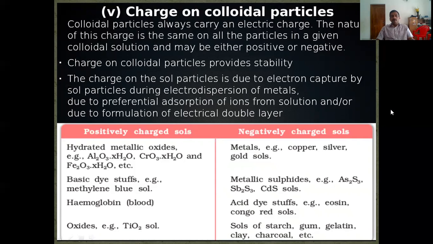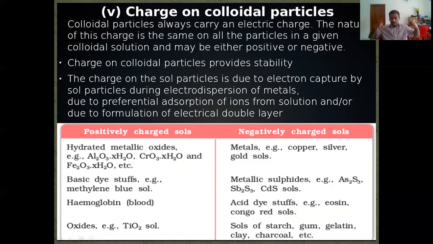And what is the advantage of this charge? Because of this charge, further union or further combination of the particles is not possible. Since they are not combining together, the settling will not take place. Positively charged particles will repel each other.